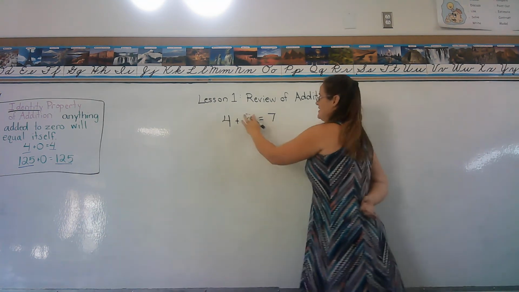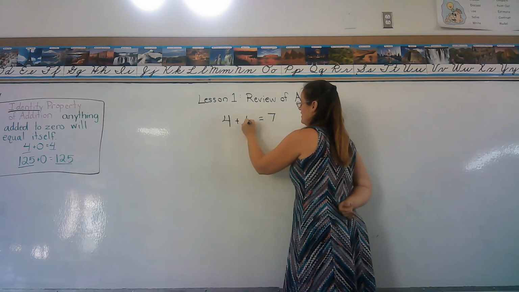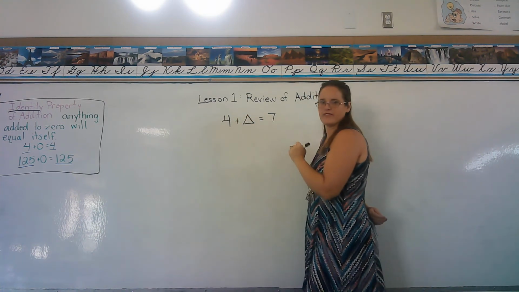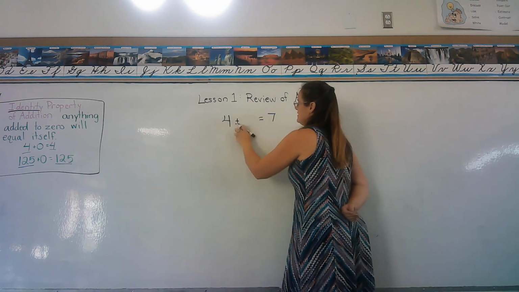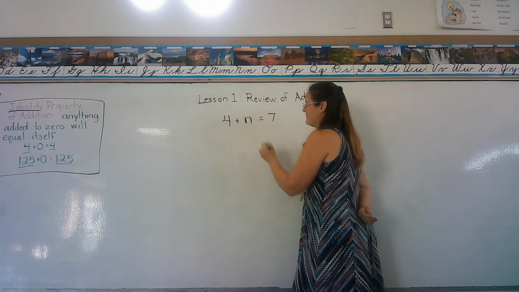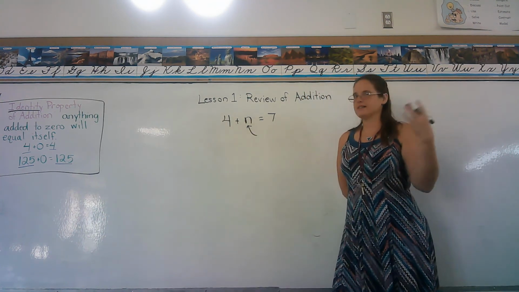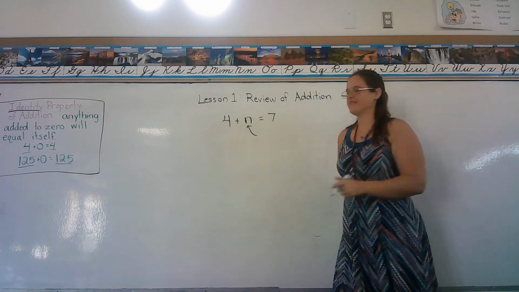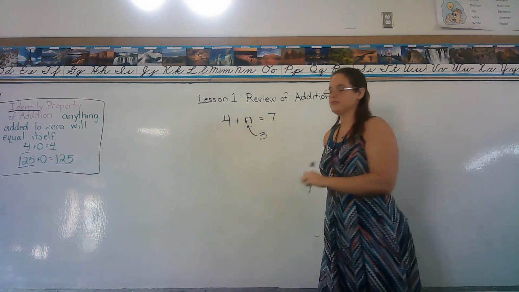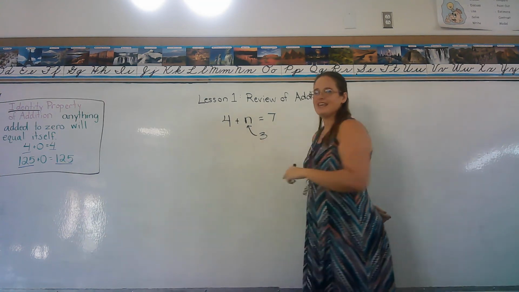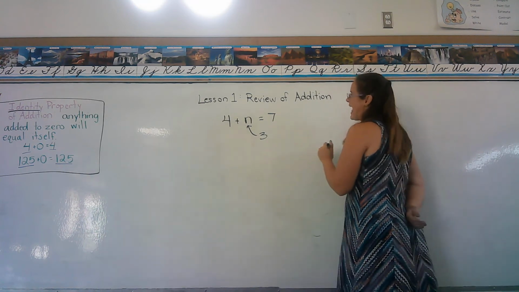Just pretend that you went back to kindergarten and they put a triangle there. They used to like to use shapes. Now we use letters. So 4 plus n, we're trying to figure out what number goes there. 4 plus what equals 7? If you said 3, you're absolutely correct. 4 plus 3 equals 7. Just figuring out that missing addend.